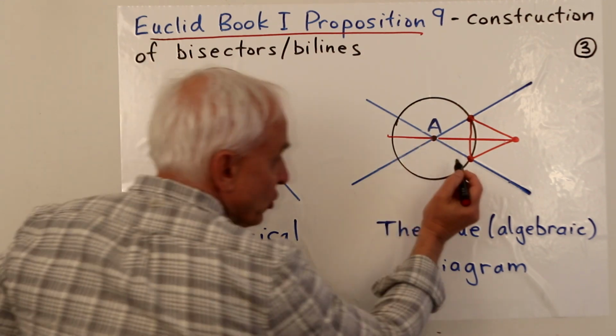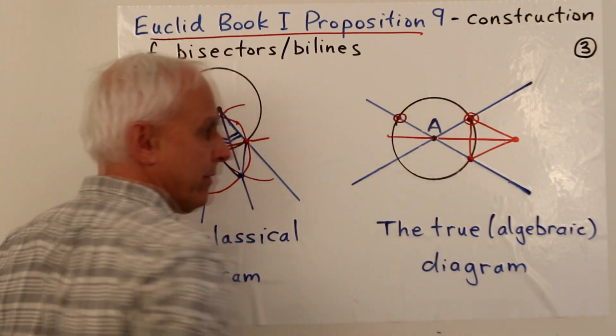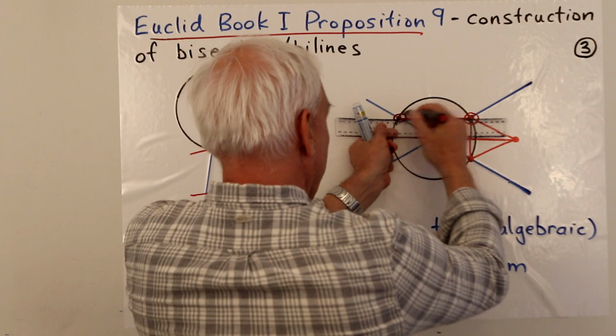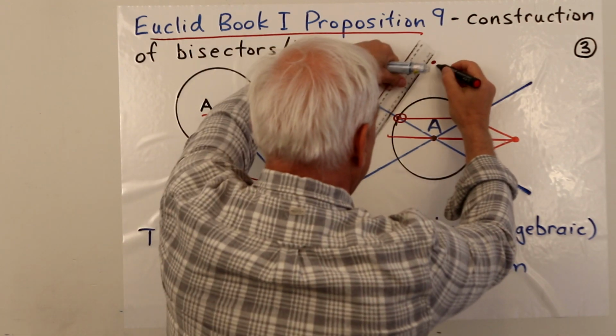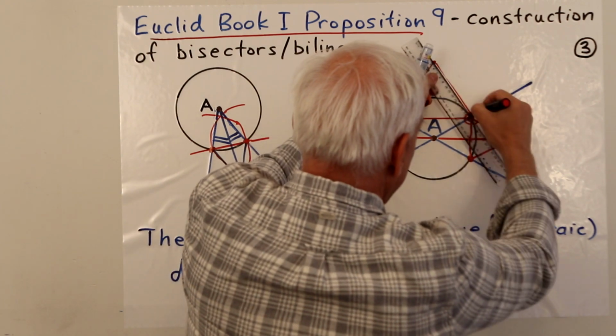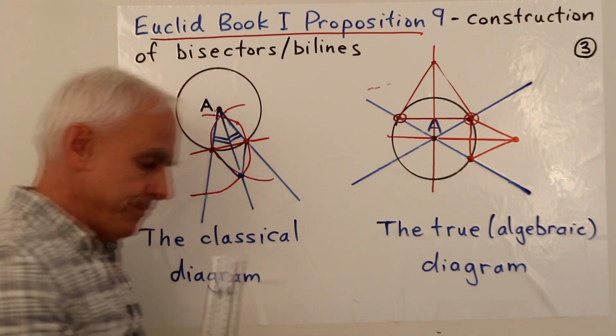So we could also have chosen this point here and this point over here. If we had done it that way, then the equilateral triangle that we would form would be up here somewhere like this. And then when we join with A, we would get this as an angle bisector.